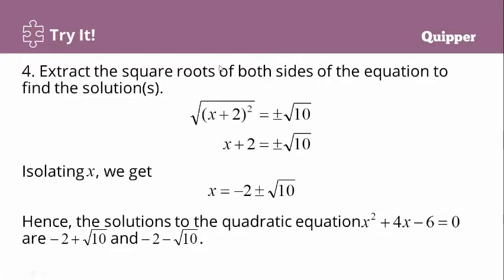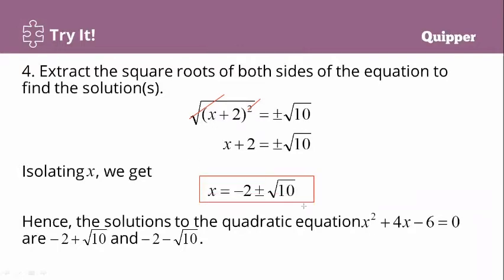So with this, we have now the square root of x plus 2 squared is x plus 2. We just have it like this. Then positive negative square root of 10. So we isolate the x, then we get x is equal to negative 2 plus minus square root of 10.